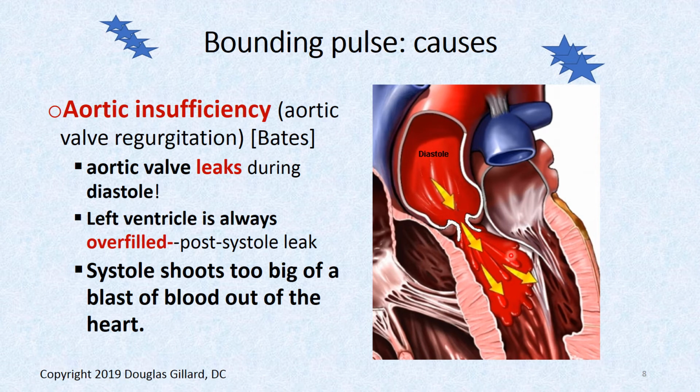Bottom line, too much blood. We're going to have an overfilled ventricle every single time, and it's going to eject too strongly. Remember, if the ventricle is overfilled, it ejects super strongly. And therefore you'll get a bounding pulse with aortic insufficiency.